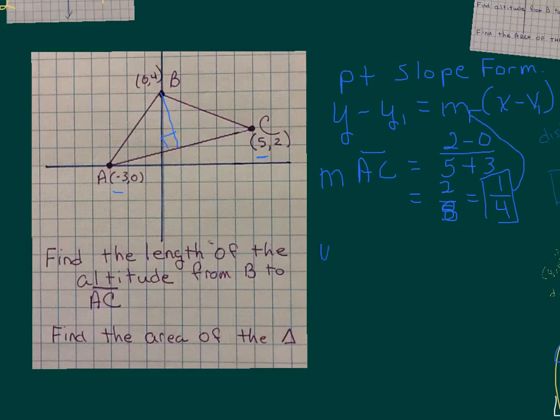So we're going to have y minus y sub 1. Now I have to choose either A or C. Choose one of those points for my equation for the line. And since point A has a 0 in it, that's the one I'm going to choose. So we have y minus 0 equals 1/4 times x minus a negative 3. Just to simplify things, I'll multiply by 4.